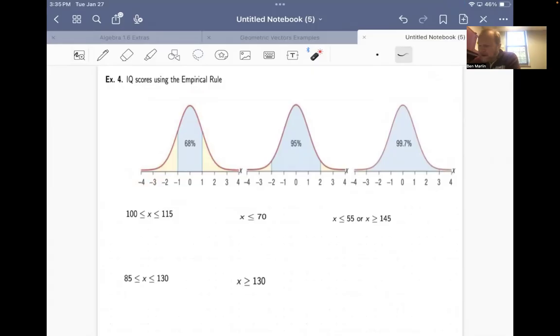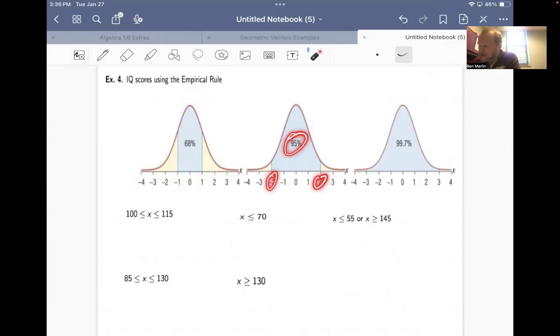What we find for the empirical rule is that if you have normally distributed data, 68% of that data will fall between plus and minus one standard deviation from the norm.